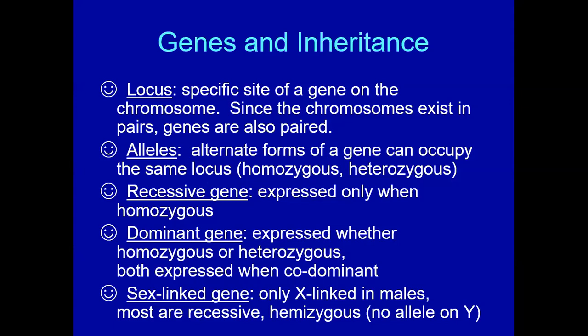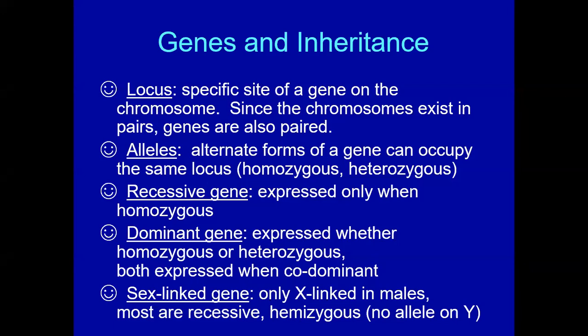Chromosomes occur in pairs, so the total is 46 chromosomes, and the genes are also paired.